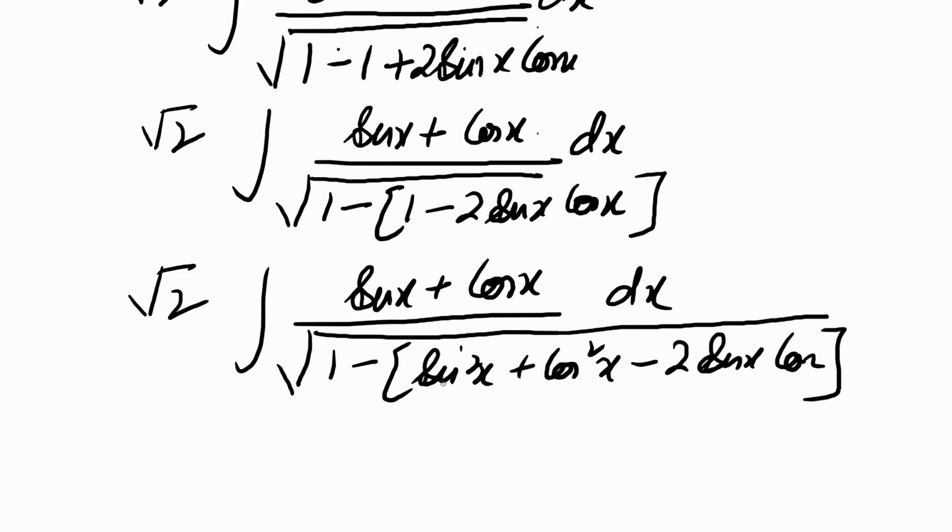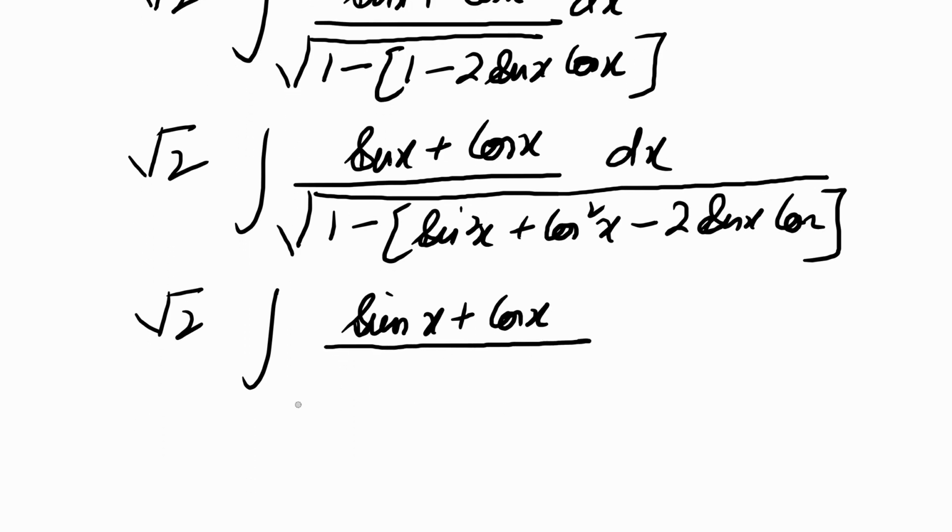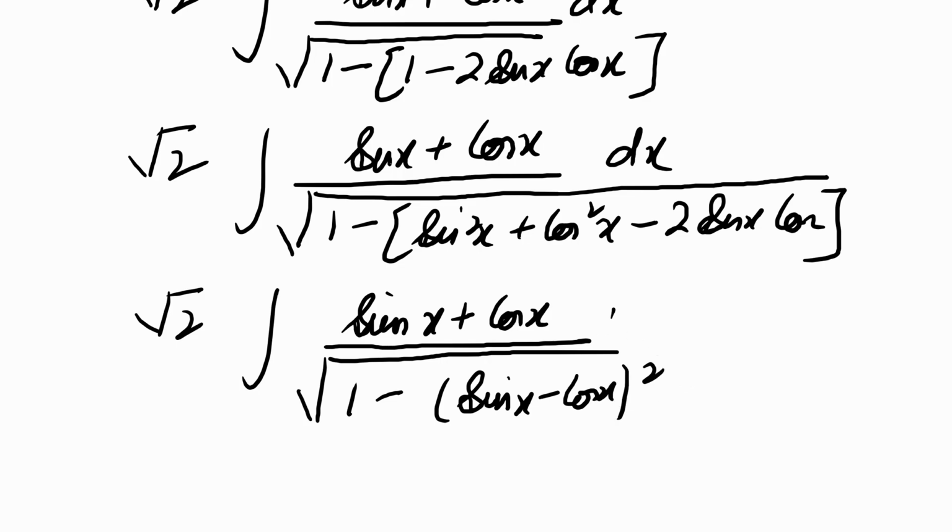Now see, this is a square plus b square minus 2ab. So instead of this, I can write a minus b whole square. I can write sin x plus cos x under root 1 minus sin x minus cos x whole square dx.